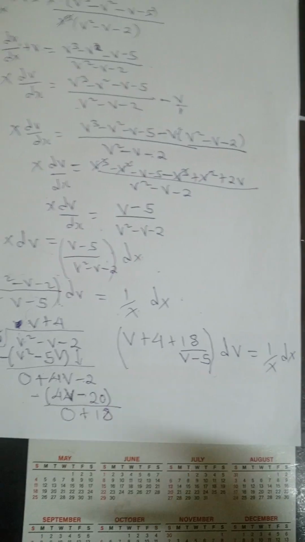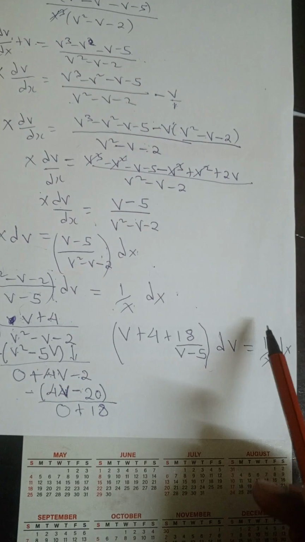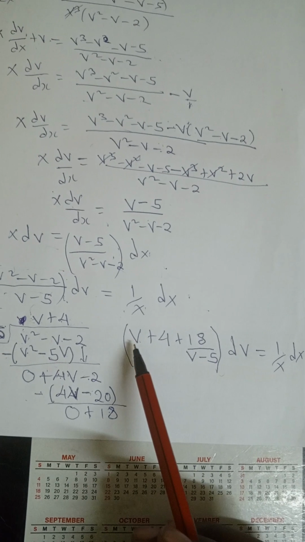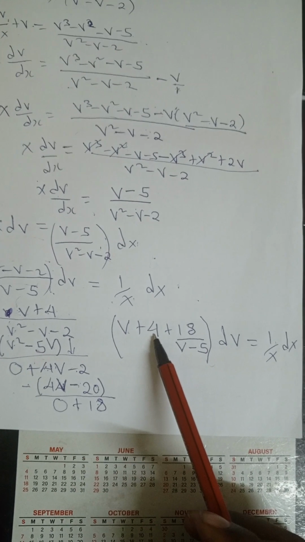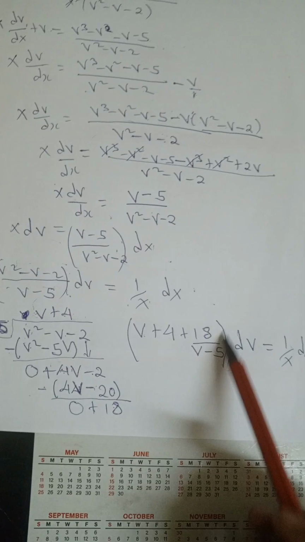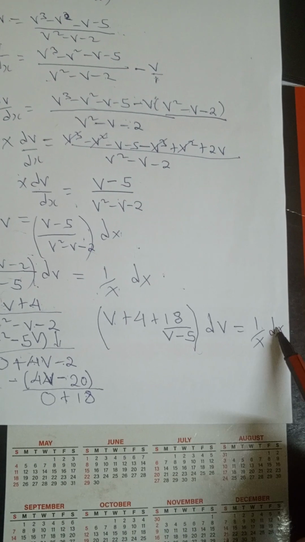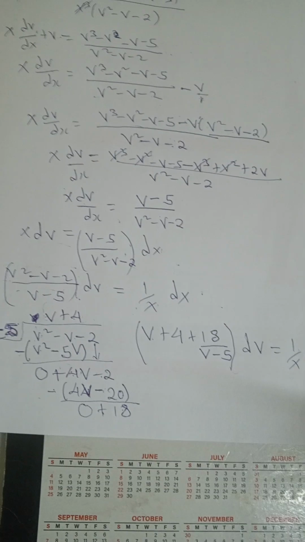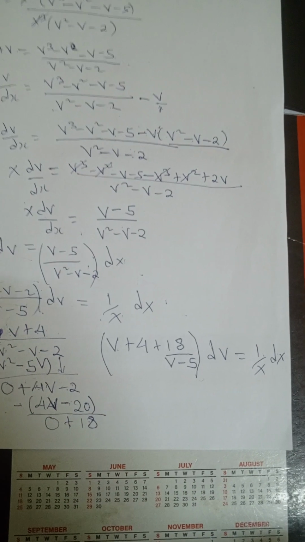Now look at this. We have to integrate this side and we have to integrate this other side. Now it's simplified, because we can integrate term by term. We can integrate v, we can integrate 4 with respect to v as well, because it's dv. Then we can also integrate this term with respect to v, and this side with respect to x. Then we'll compare with what we're given in the question to follow.